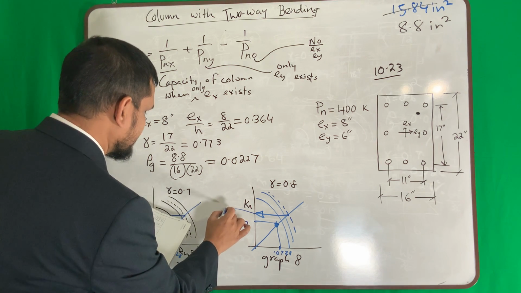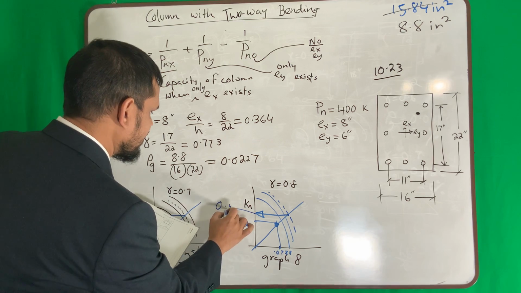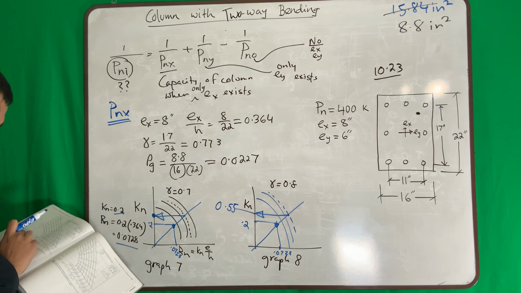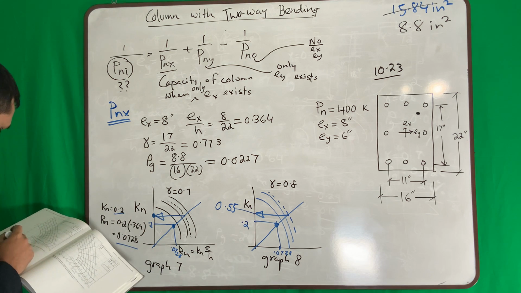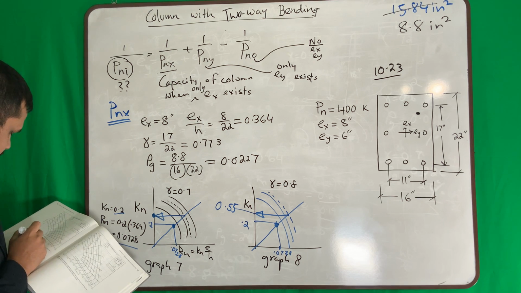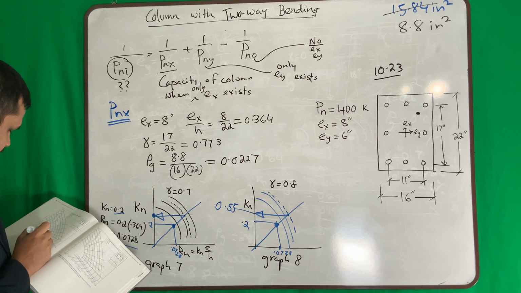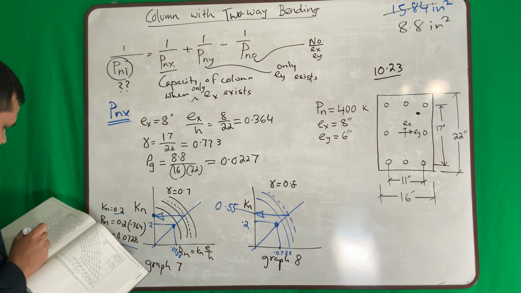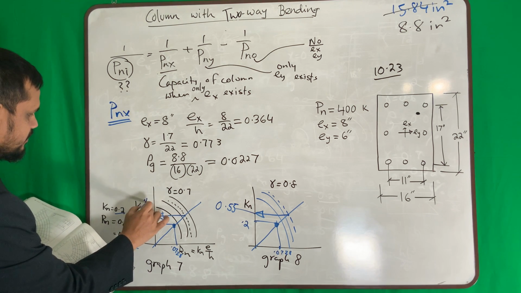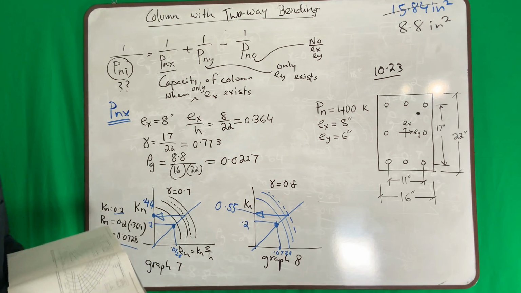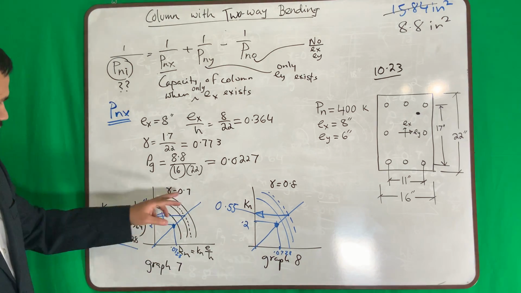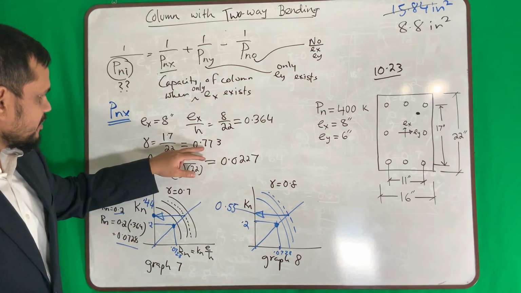So here I am getting Kn roughly 0.55, a rough value. If I do it here, 0.7 here, 0.2 here, and draw a line, I'm getting roughly 0.44. It is a challenge. So 0.44 and 0.55 are for gamma 0.7 and 0.8, and my gamma is 0.77.